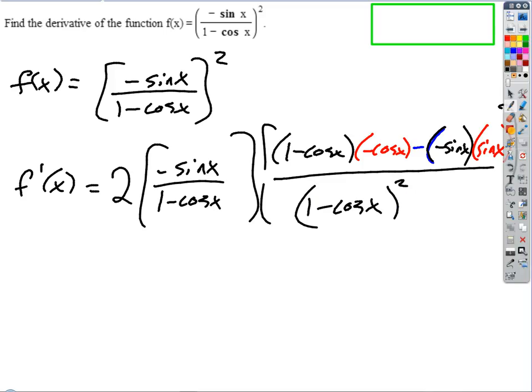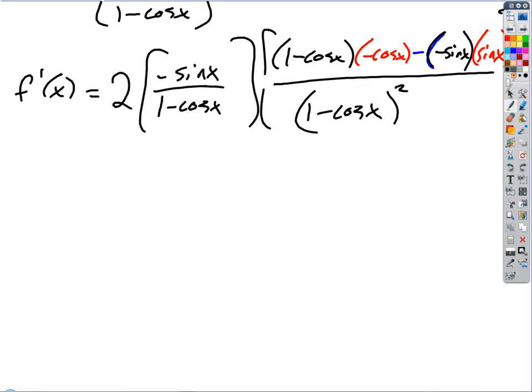Okay, so what's that give us now? If I multiply straight across, what am I going to get in my denominator? Yeah, good. I get a 1 minus cosine x times a 1 minus cosine x squared. So on the bottom, I'm just getting a 1 minus cosine x quantity cubed.